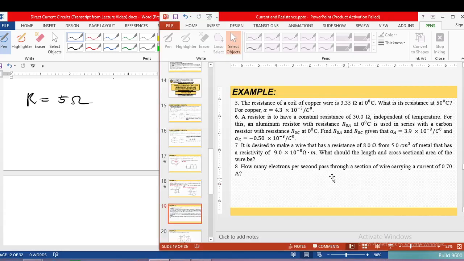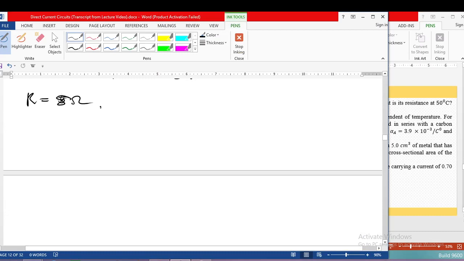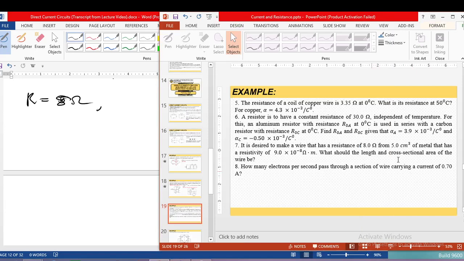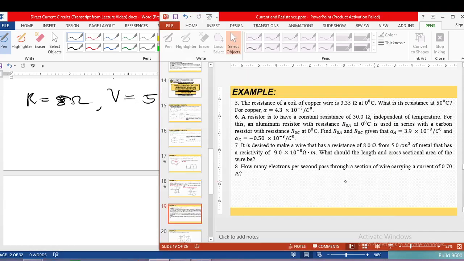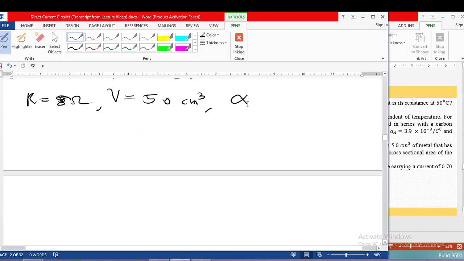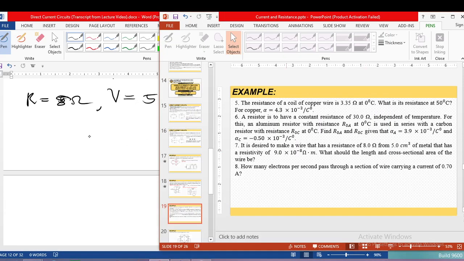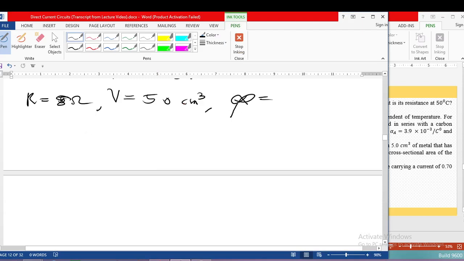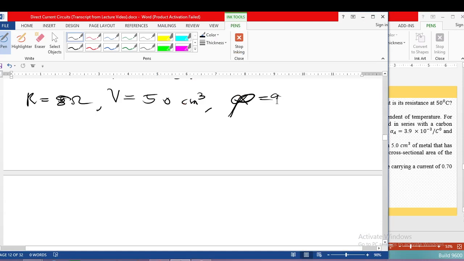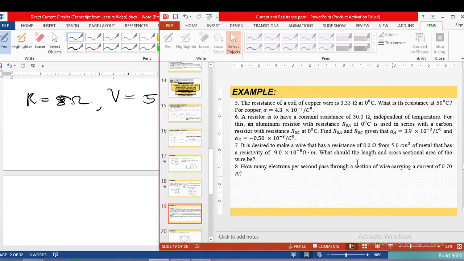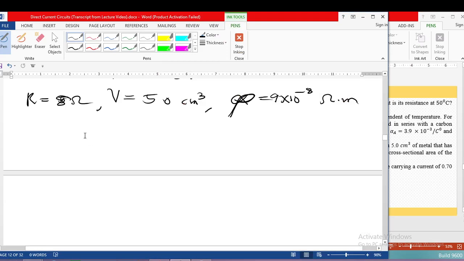Is it 5 ohms? 8 ohms. Okay, 8 ohms. Then we have the volume. I think this is the volume of the metal. So that is 5 cubic centimeter. And then the resistivity of the material, so this is rho, 9 times 10 to the negative 8 ohm times meter.